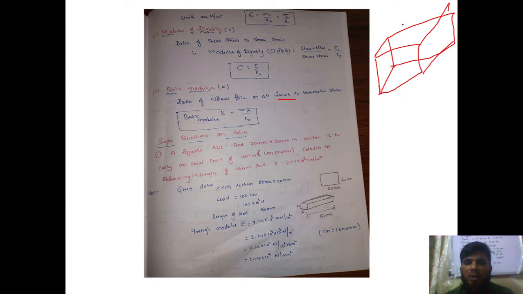One is bottom, another is top, another is this side, front side, back side. So all the faces the load will be acting. Because of that load, there will be changes happening in the volume. That is nothing but volumetric strain. Now this ratio, that is volumetric stress by volumetric strain, is called bulk modulus. If you see, bulk modulus, rigidity modulus, and Young's modulus, all these have the same units as stress.